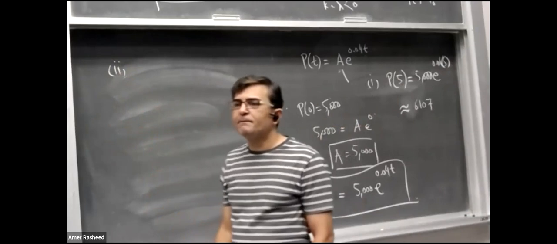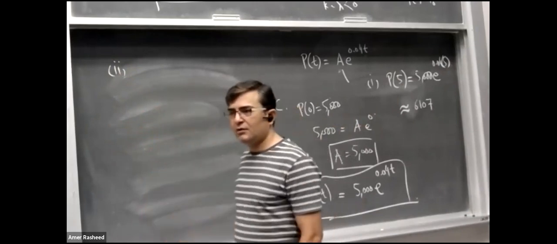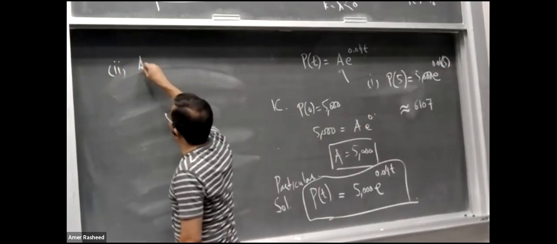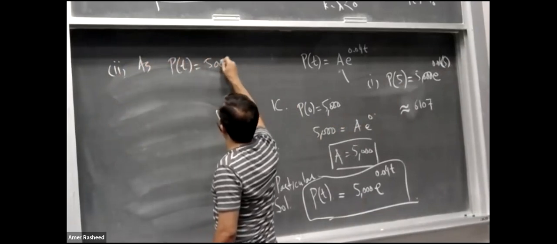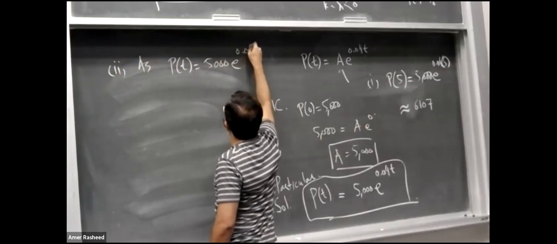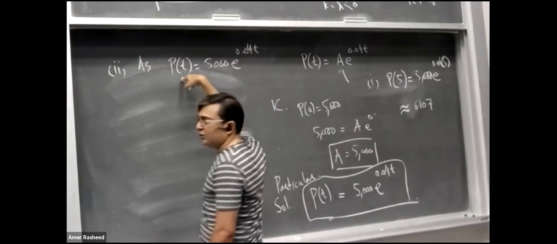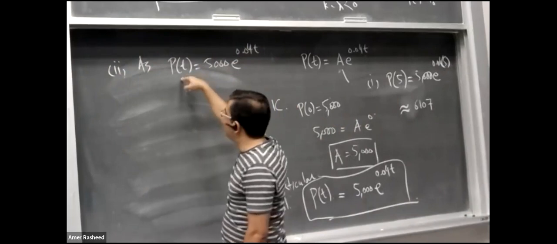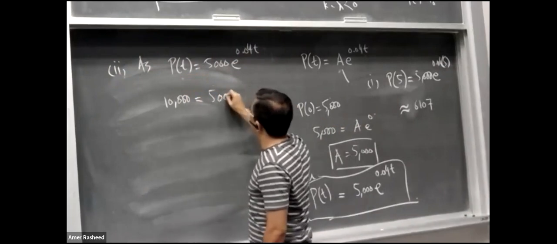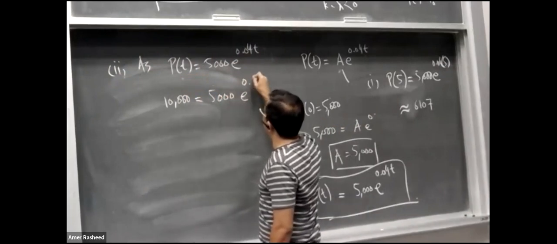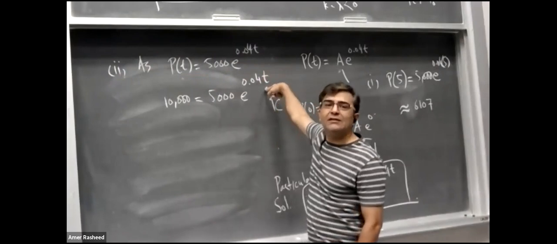What does it mean? We need to compute the time when the population doubles. As P of t is 5,000 times e raised power 0.04 t, now P of t is given: 10,000 is equal to 5,000 e raised power 0.04 t. t remains t because we have to compute t.